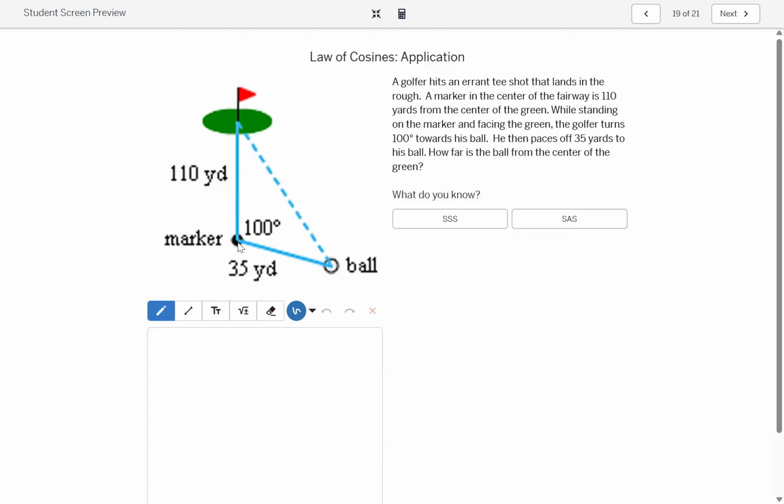While standing on the marker, he turns from the flag, he turns 100 degrees and sees his ball off to the right. And then he paces off and measures that it's 35 yards to the ball. So how far is the ball from the center of the green? So it wants to know what's the distance from the ball to the flag, to the hole.